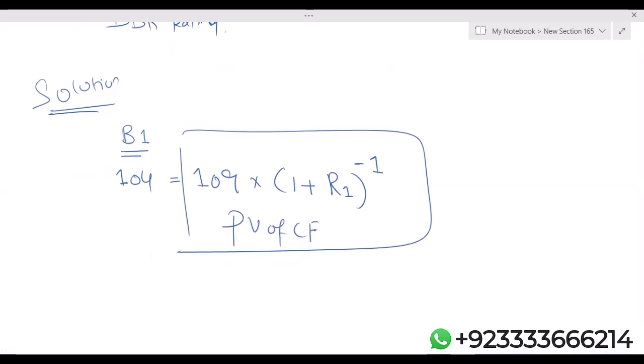Since bond 1 has a maturity of only 1 year, the maximum cash flow in 1 year's time is 109, and I want to calculate the yield of the first year, that is R1. Students, I'm waiting for the comments. Is this clear so that we can go ahead?